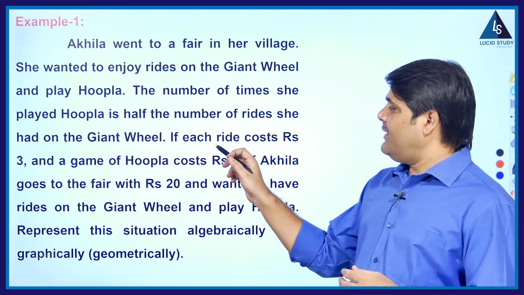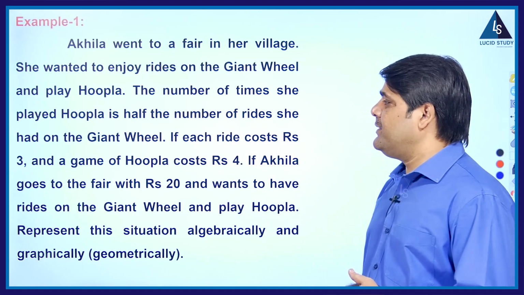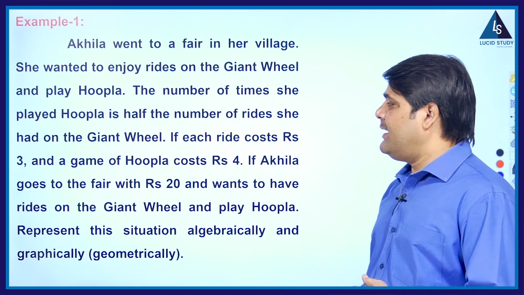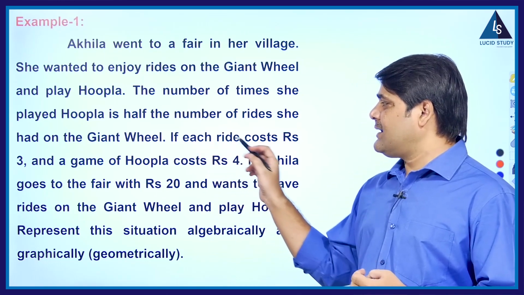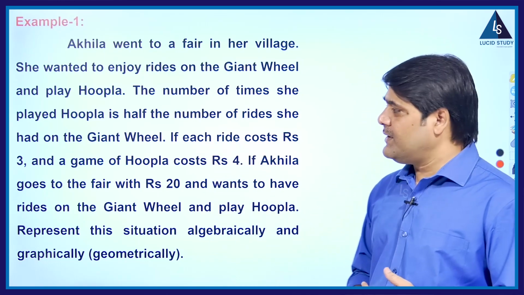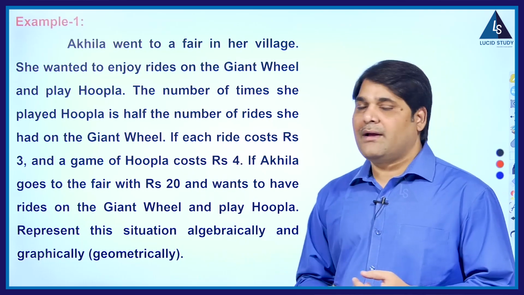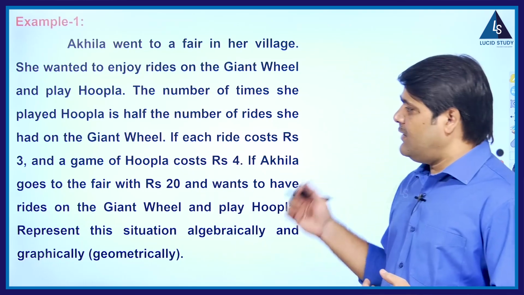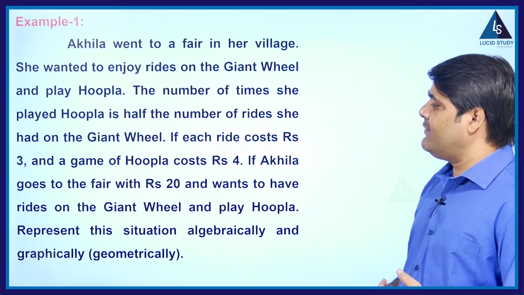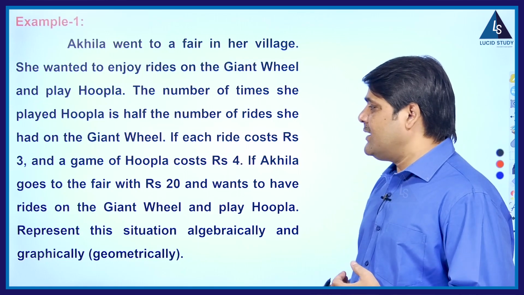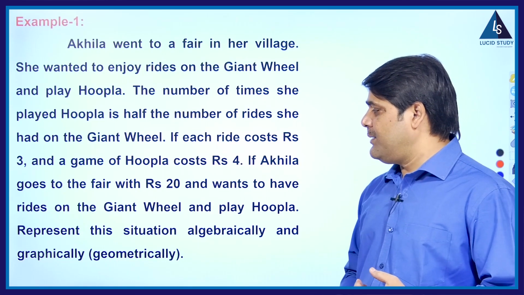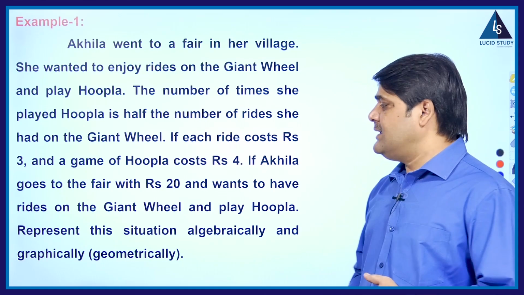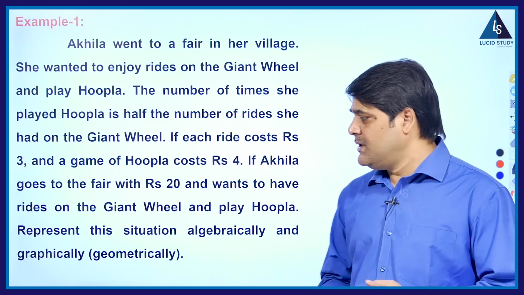Next, if each ride costs rupees 3 and a game of hoopla costs rupees 4. Okay, so what is the cost for giant wheel ride? That is 3 rupees, and the cost of hoopla game is 4 rupees, right? So if Akhila goes to the fair with rupees 20 and wants to have the rides on the giant wheel and play hoopla, represent this situation algebraically and graphically.